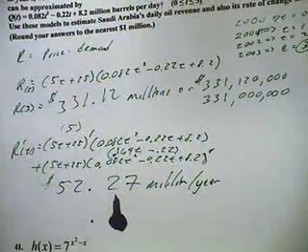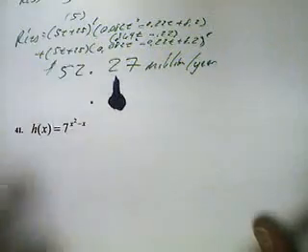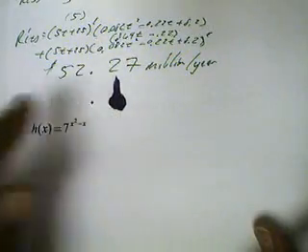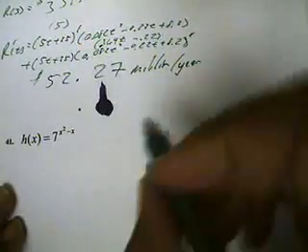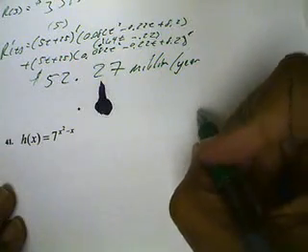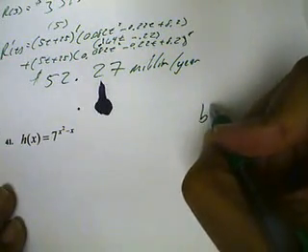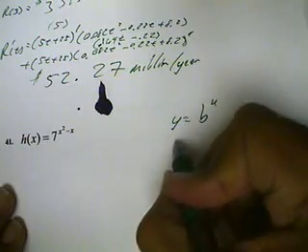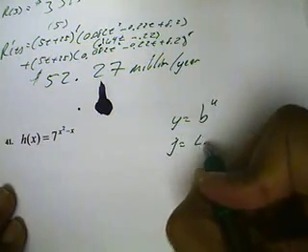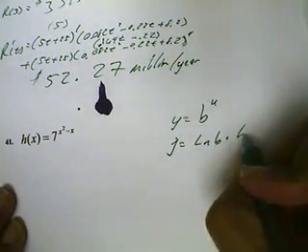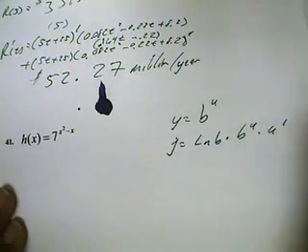Alright, number 41. We want to take a derivative of this function here. Sorry about the little ink splot. But the derivative of this, we'll use the rule that the derivative of b to the u will be the natural log of b times b to the u times u prime.